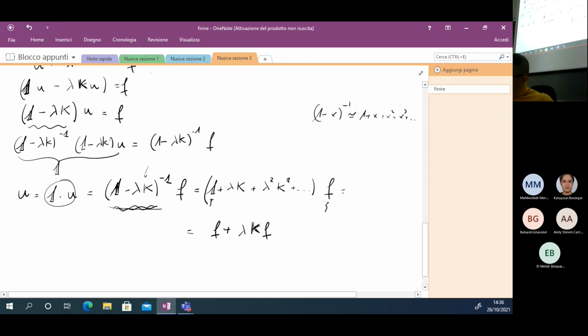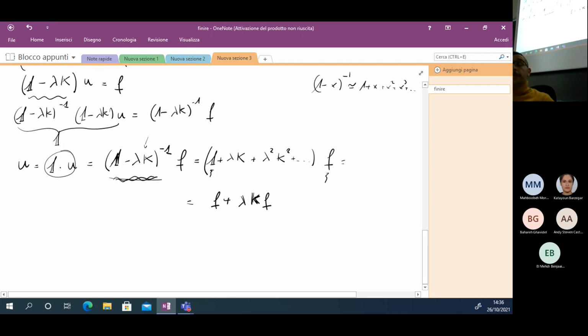Remember the definition of the operator K. It's the integral of K of t, s, f of s, ds, with the lambda in front.